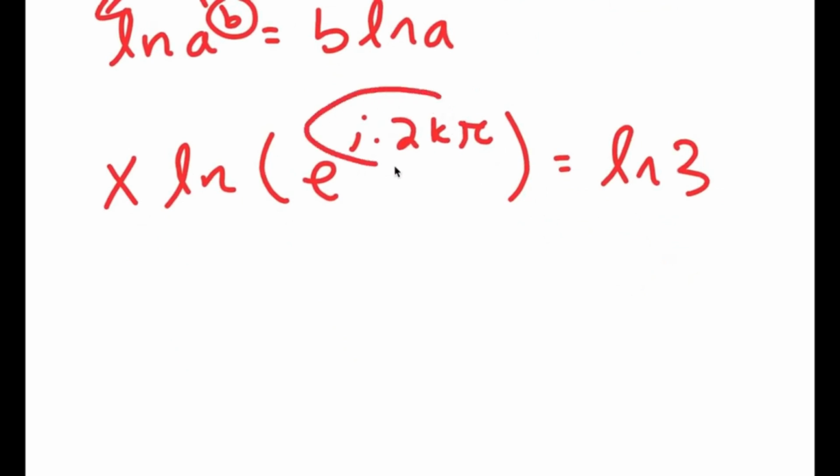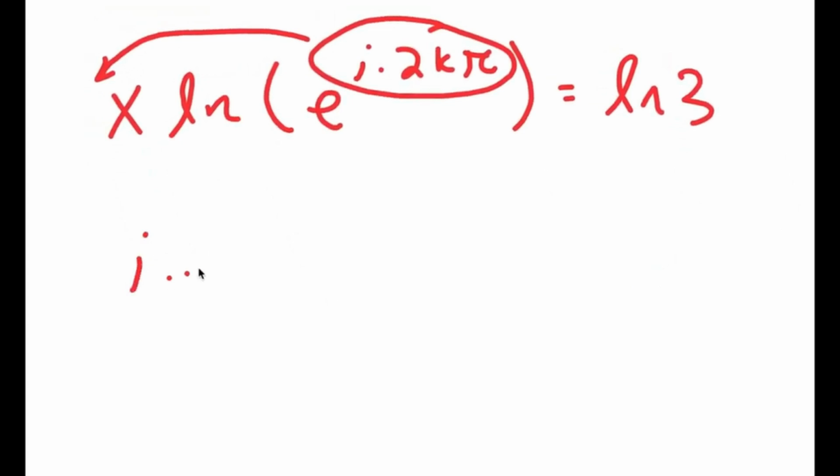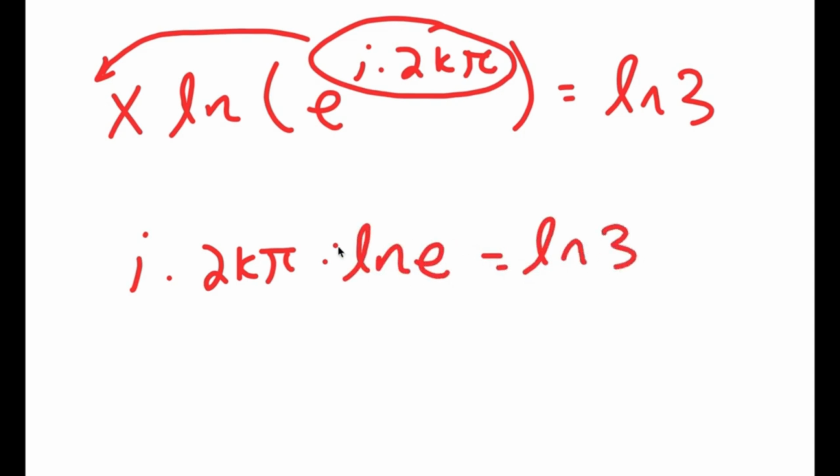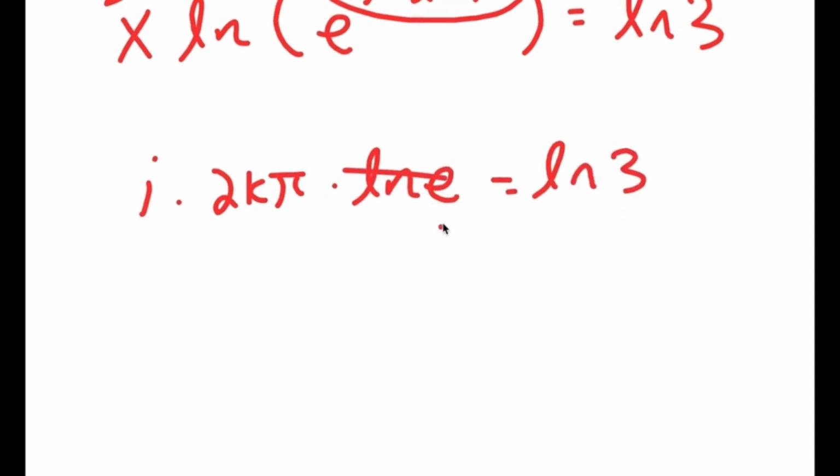Now I'm going to use this property again and move this to the front as well. So I get x times i times 2k pi times ln e is equal to ln 3. And ln e, these two cancel out. So now I'm left with x times i times 2k pi is equal to ln 3.